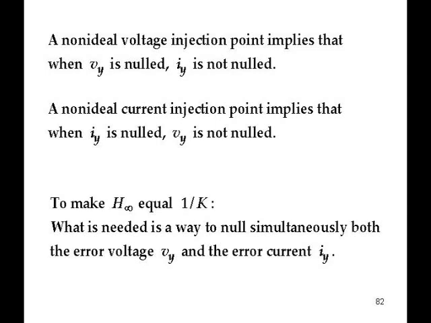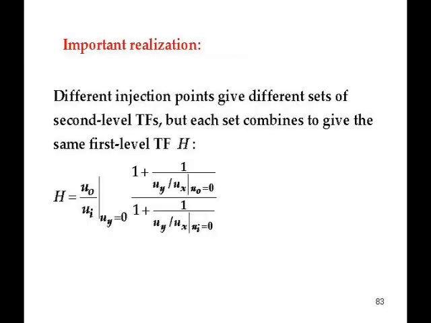Now, first, I want to expand the horizon considerably from the particular examples that I've used up to now. We've already seen that a non-ideal injection point gives you some different answers from an ideal injection point. And there's an interesting consequence of that. That means that you get different sets of second-level transfer functions for different injection points, but if you plug them into the appropriate formula, they all give the same answer for the final closed-loop gain.